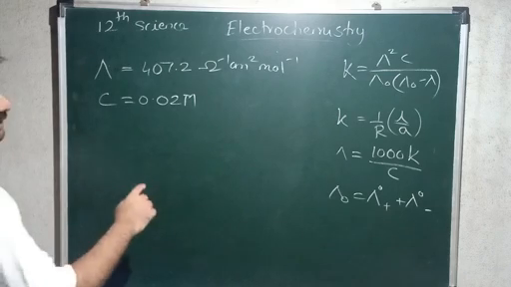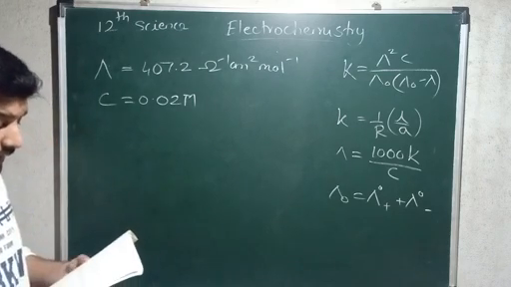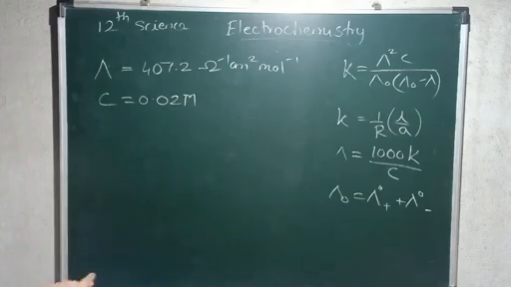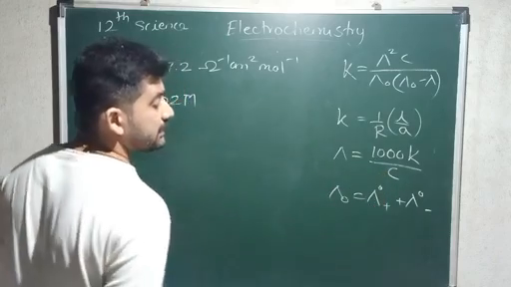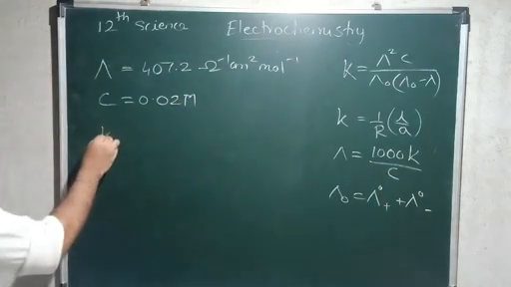In our formula, what do we have to find? Calculate the conductivity, which means we have to find the value of K. Molar conductivity is given and concentration is given. We need to find the value of K.